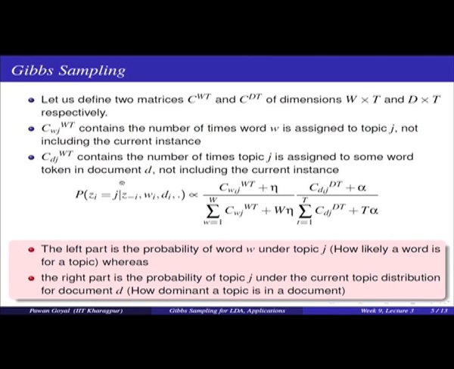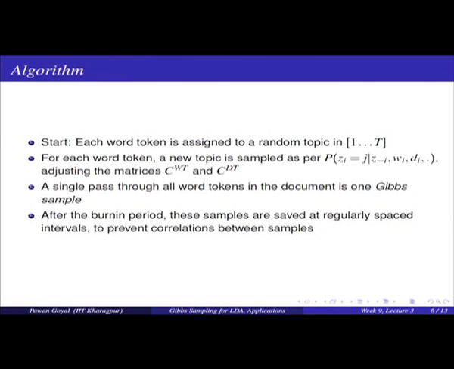Now what is the next thing? You have this multinomial distribution, and you sample a topic from here. So this is the whole algorithm in a nutshell. How do you start? Each word token is assigned a random topic in 1 to T. So you have this whole collection, and you assign some random topic to each word. Now you compute your two matrices, CDT and CWT, from that assignment.